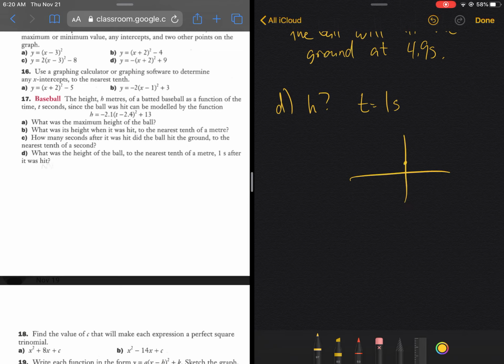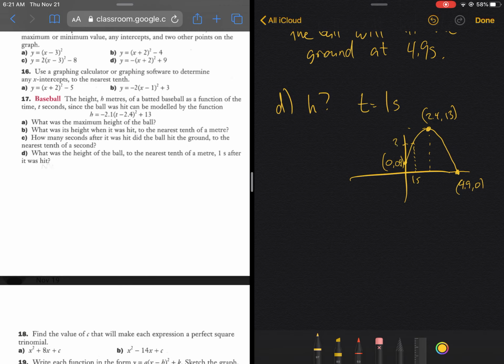We know that it starts at 0.9, it goes up, it lands at 4.9, and the vertex is at 2.4, 13. We want to know what h is after 1 second.